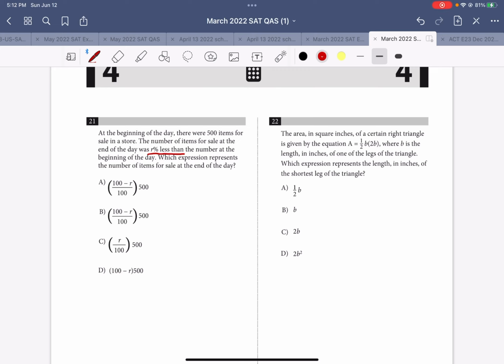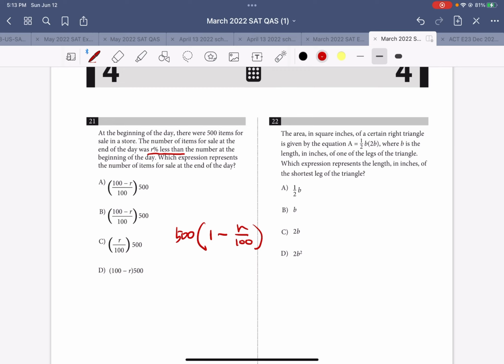Since it is R% less, you're going to subtract. The beginning was 500, the initial value, times 1 minus R over 100. If it were percent more, you would add, but percent less means you subtract.